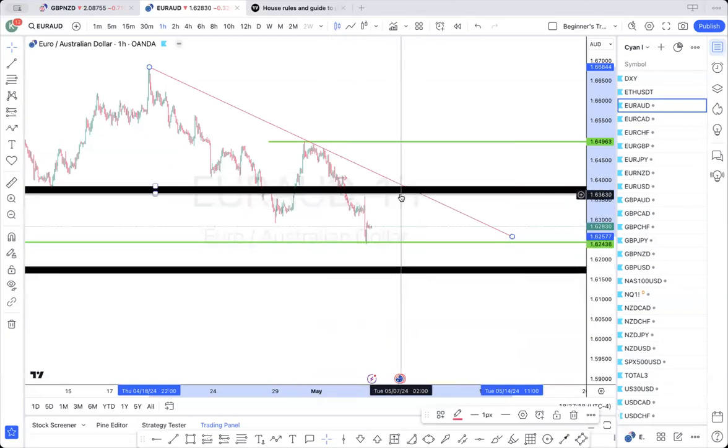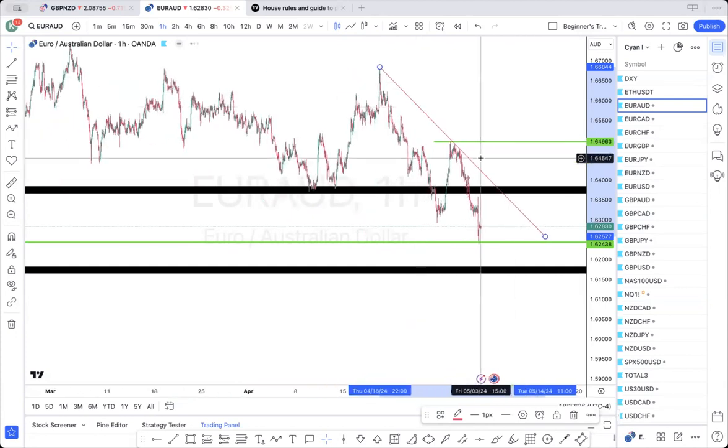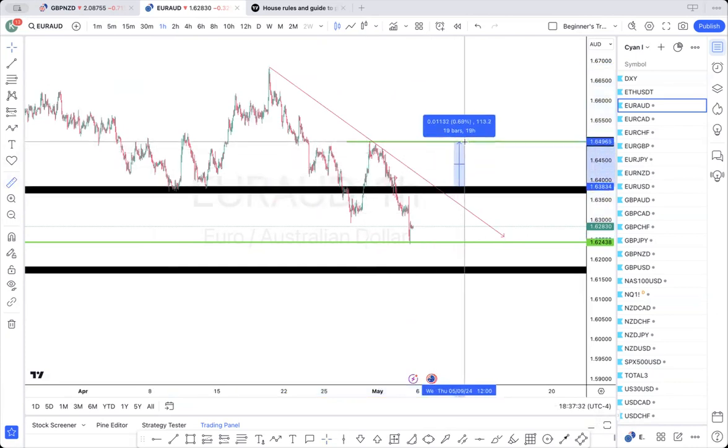And if price pulls back up here and goes above this zone, structure goes above, then you'll be at the zone to trade it to the upside, to the top side. And from here to here is 100 plus pips. That makes sense? Makes sense. Okay.